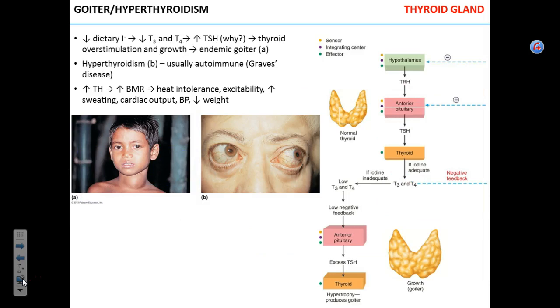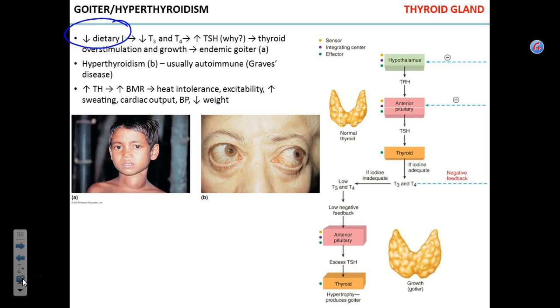Pathologies. First problem, too low. The most common cause of hypothyroidism, hypo means too low, is low dietary iodine. First of all, even without looking at the scheme, just think.